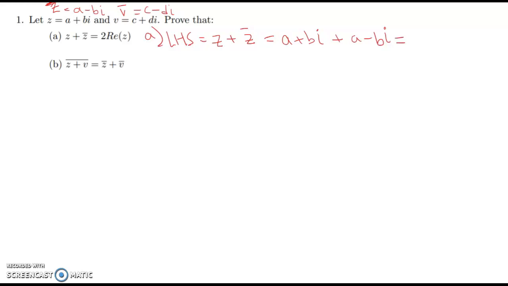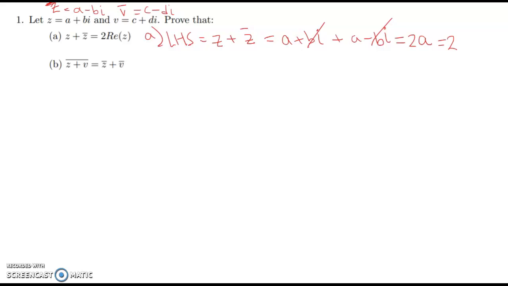When I do this, notice how there's a positive bi and a negative bi. They are going to cancel, so I am left with 2a. I think I'm getting awfully close to where I'm supposed to end up. So this is the same thing as 2 times the real part of z. Notice how the real part of z is a, the imaginary part of z is b.